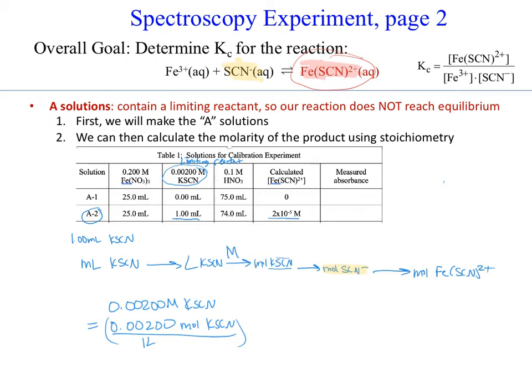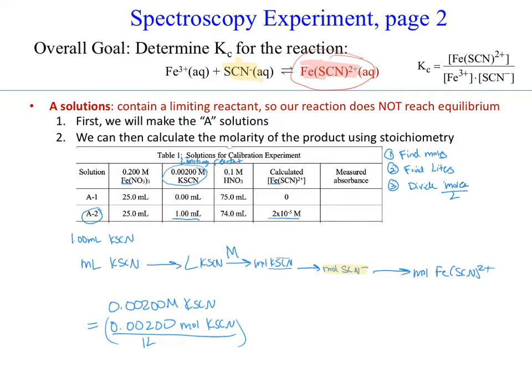And our goal is to get molarity. So molarity, I like to think, is a 3-step process. 1, find moles. 2, find liters. And 3, divide moles over liters.